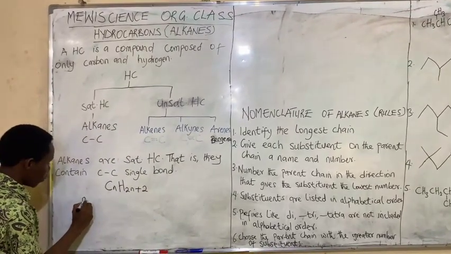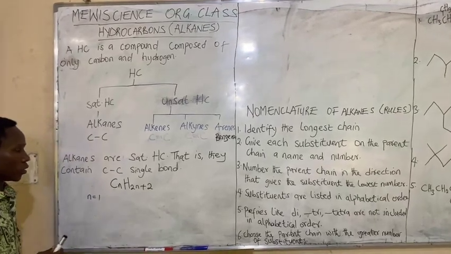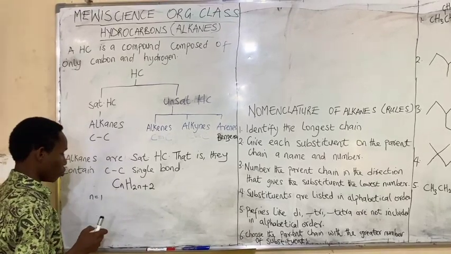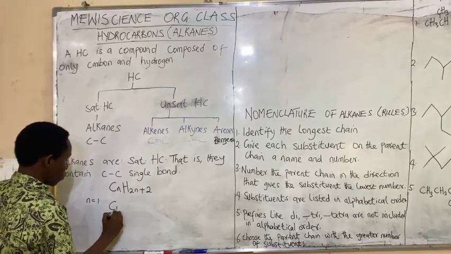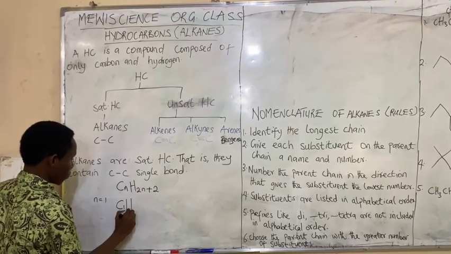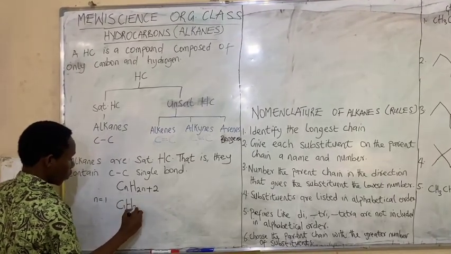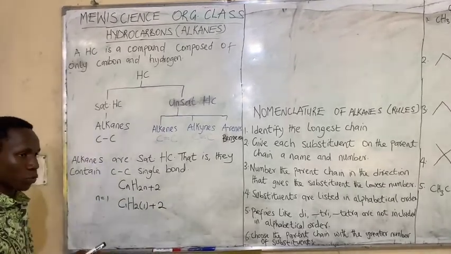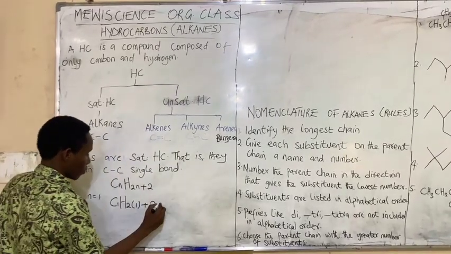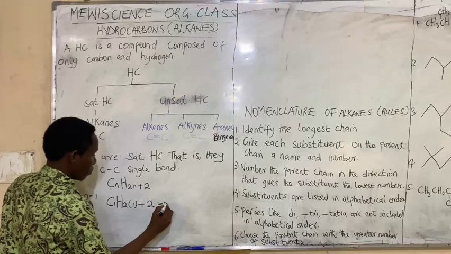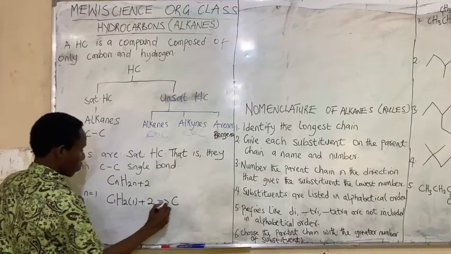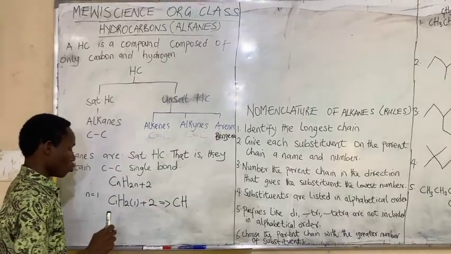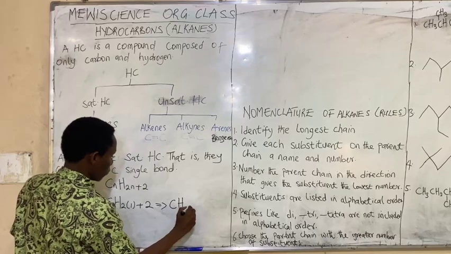So let's assume n is 1. Anywhere you see n, you put 1. So we have C1, and hydrogen 2 times 1 plus 2. If you do this simple mathematics, C1 is the same thing as C, and for hydrogen, 2 multiplied by 1 is 2, plus 2 gives 4.